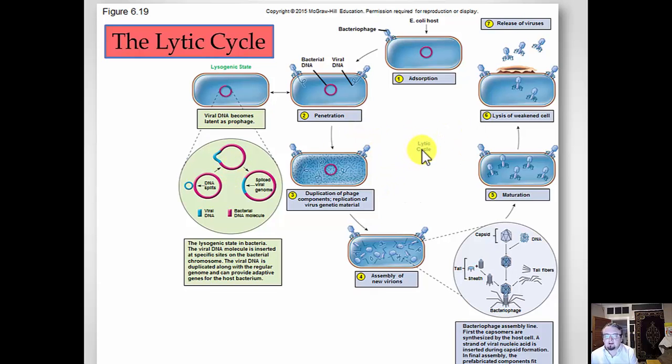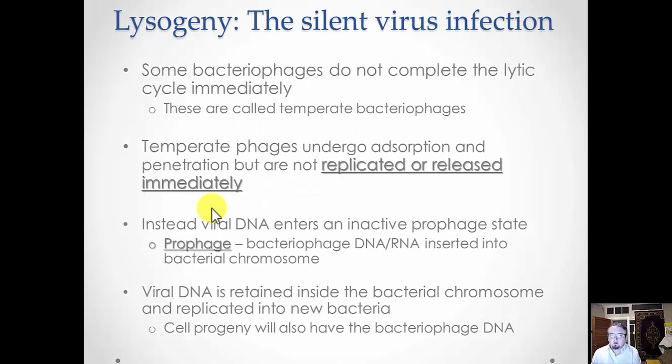They call this the lytic cycle, by the way, in reference to the word lysis, which means to pop and rupture open, which is what you see at the end of the lytic cycle. So they call it that because it ends with lysis of the cell. Lysogenic is in reference to the dormancy that they go into. So that again involves temperate bacteriophages. They become dormant.